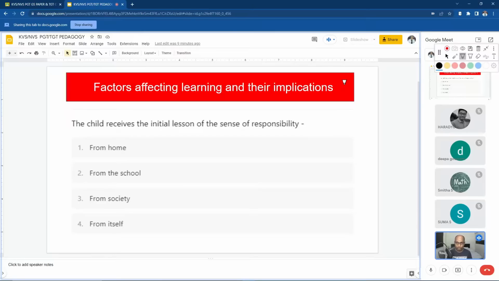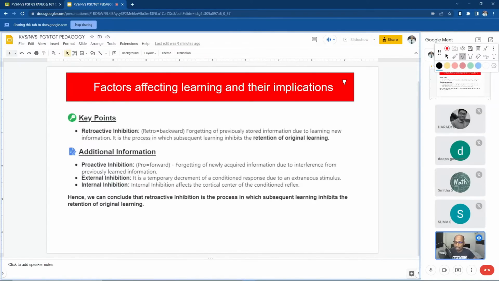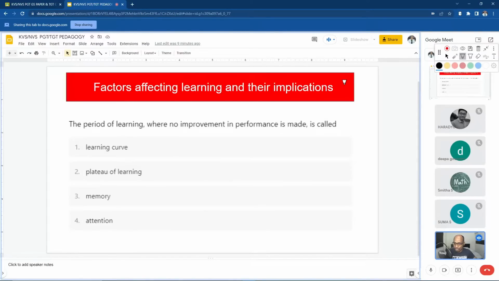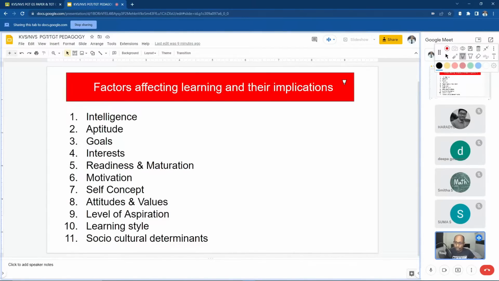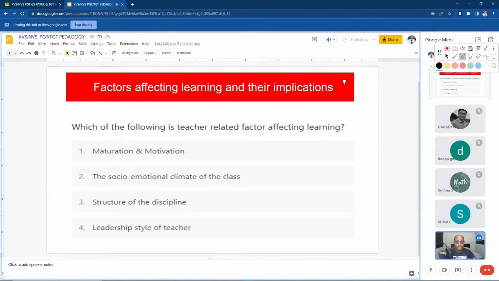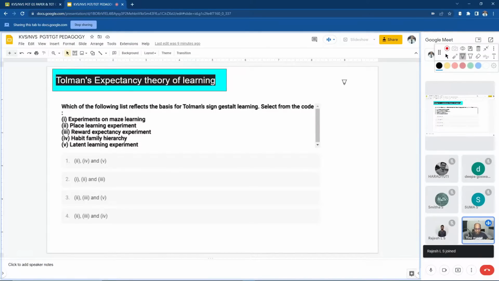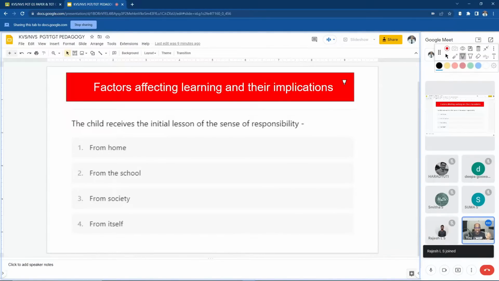Today, under each subtopic, we are going to go through a few questions. Before I start, how many subunits are we going to learn? We are going to learn 3 subunits which are under factors affecting learning and their implications. So now let us start with the question and answering.